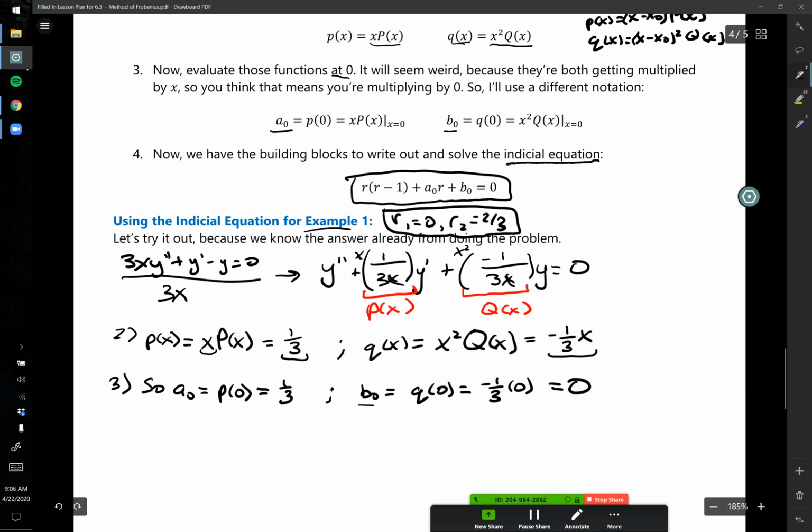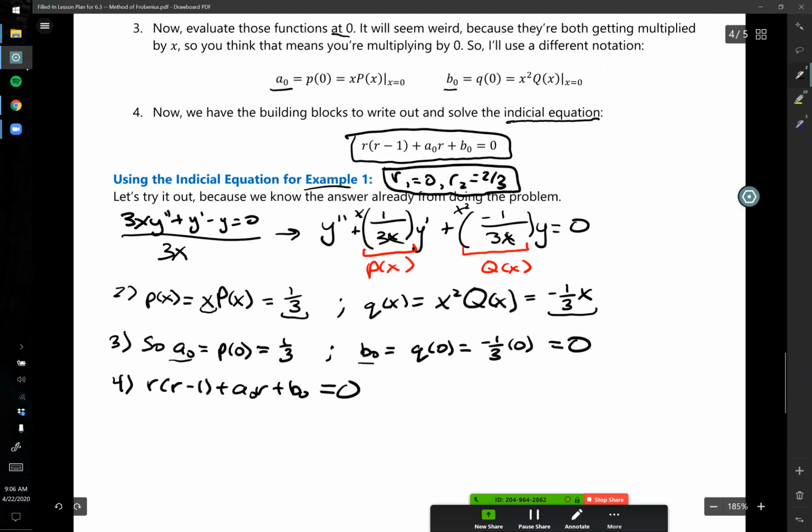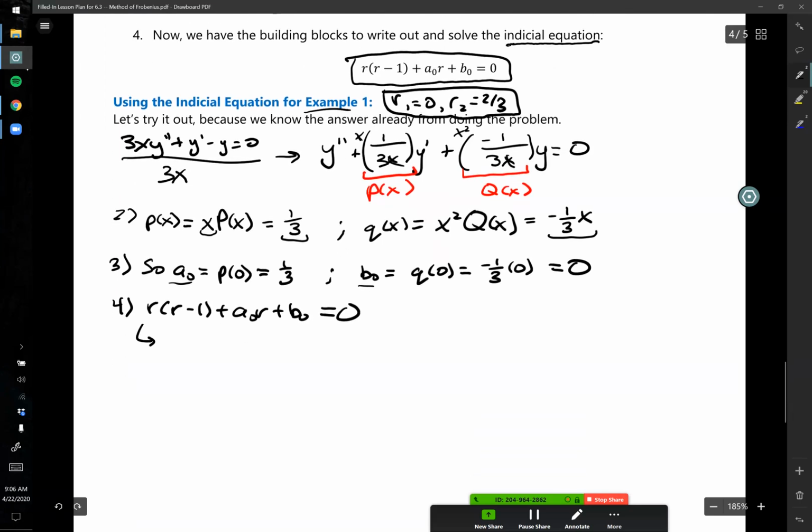Okay, so we found a naught, we found b naught, and then we just plug it into the formula. The formula says r times r minus 1 plus a naught r plus b naught equals 0. Let's plug it in. So you get 1/3 r plus 0 is equal to 0.